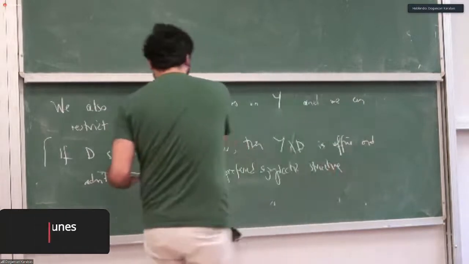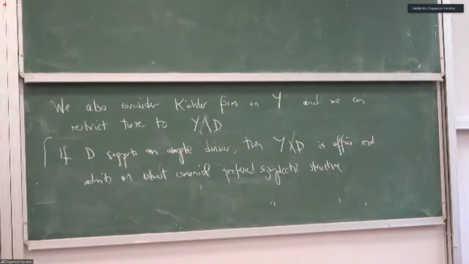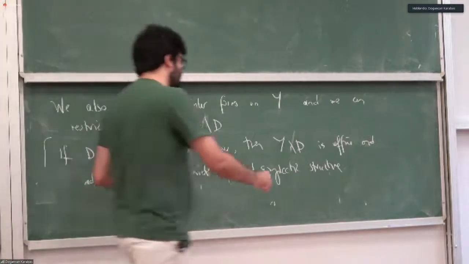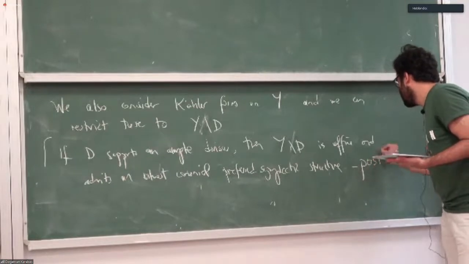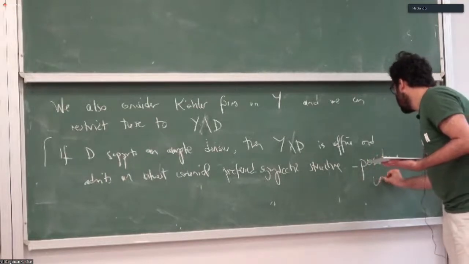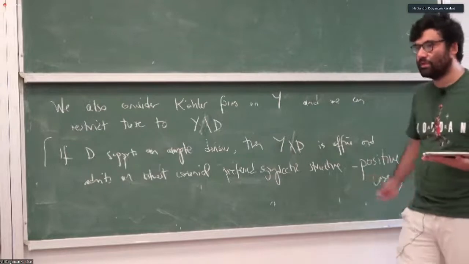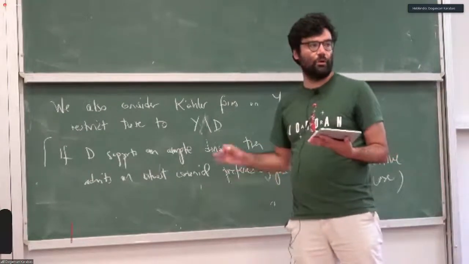By almost canonical, I mean that it's unique up to symplectomorphism. Okay, and from yesterday's talk, this is what was called the positive case. So this is the opposite of the negative case, which was relevant to the Looijenga conjecture.